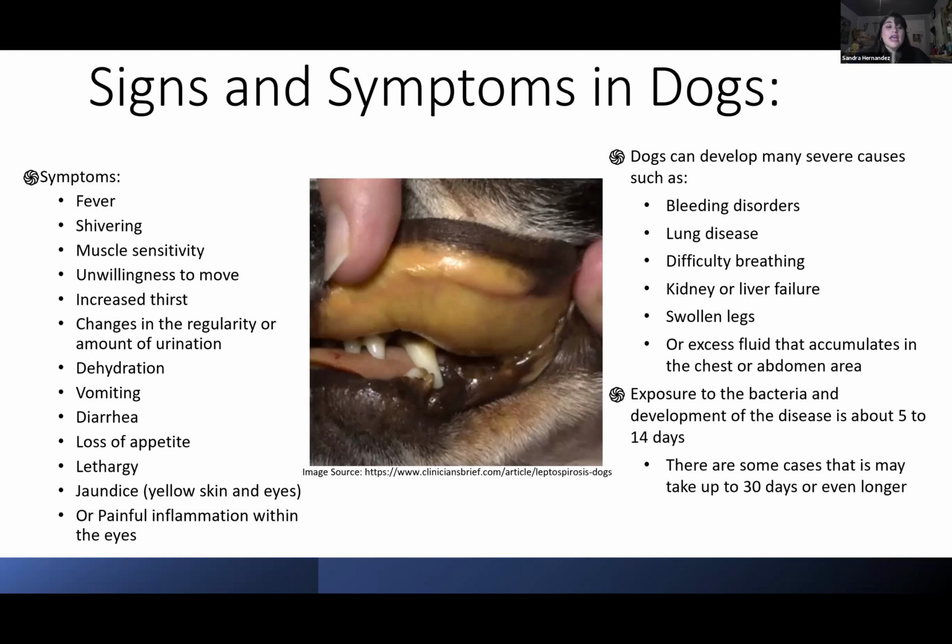Signs in dogs. In dogs, the signs and symptoms of leptospirosis vary. Like humans, there are dogs that do not show any signs and symptoms.